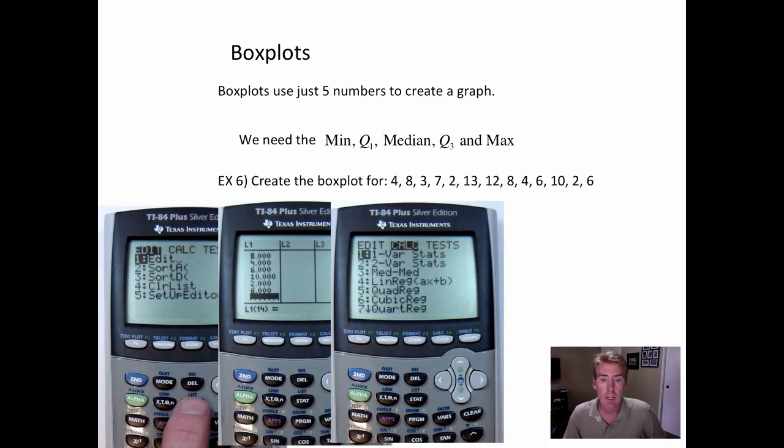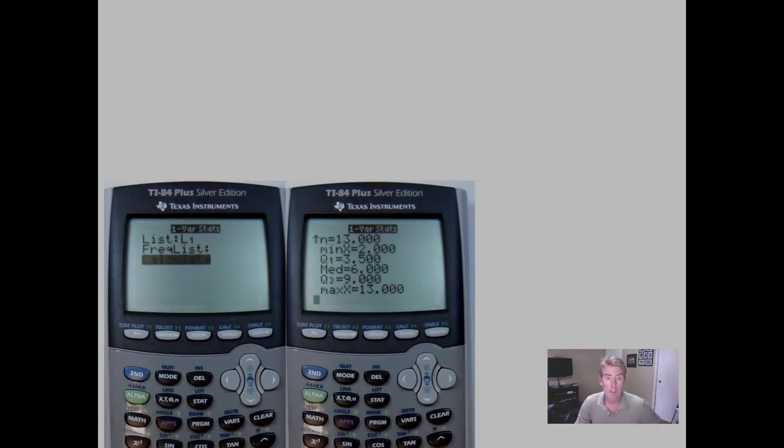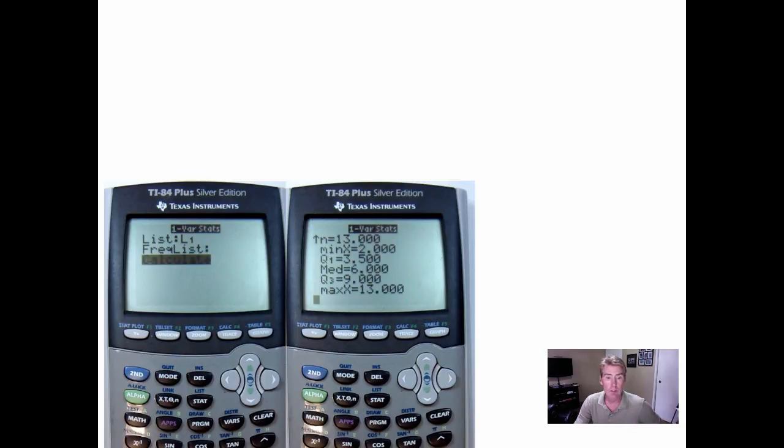And it's going to give you all of those numbers that you need. Then after you scroll down, you will see these numbers for the min, Q1, etc. That's what we're going to use to make the graph.